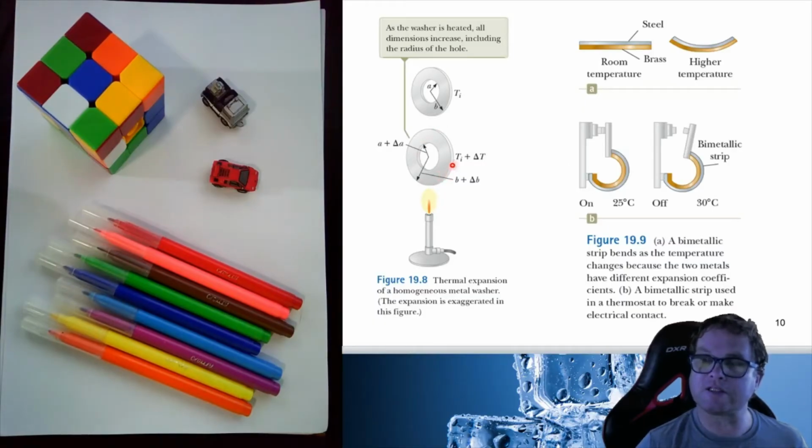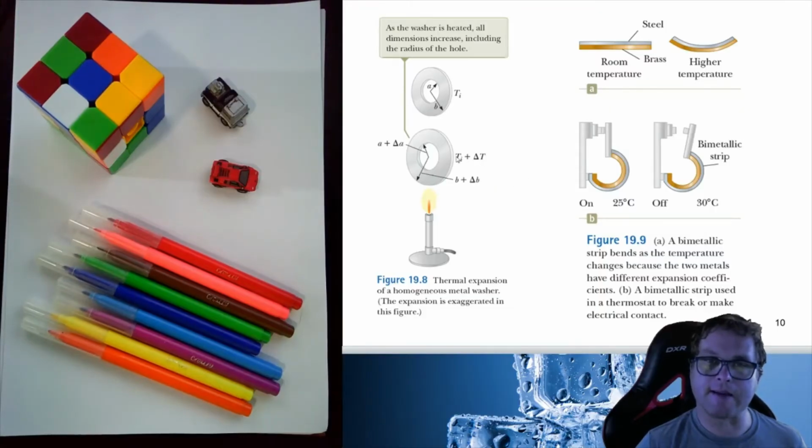And the answer to that is, as the washer is heated, all the dimensions, including the radius of the hole, increase. So the hole gets slightly bigger as well. And so the washer behaves the same way as if it were just a circular plate filled with the material.